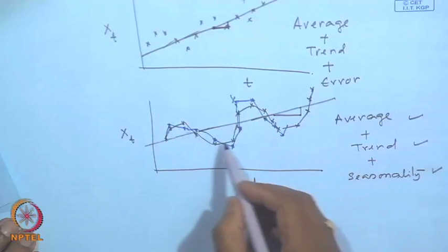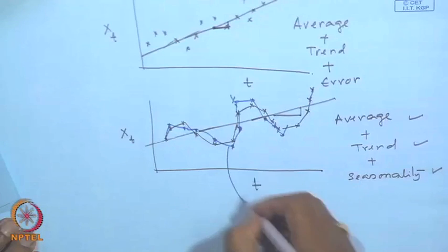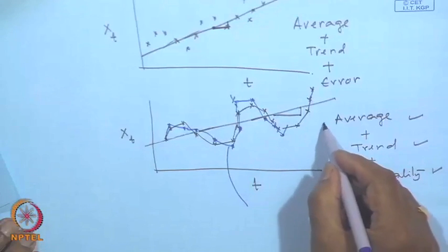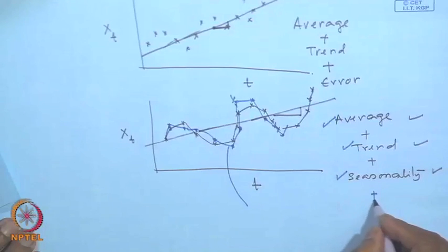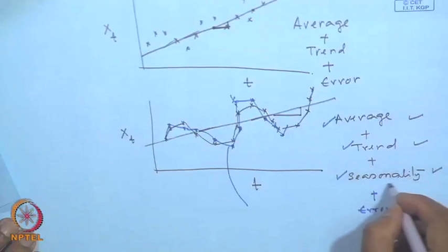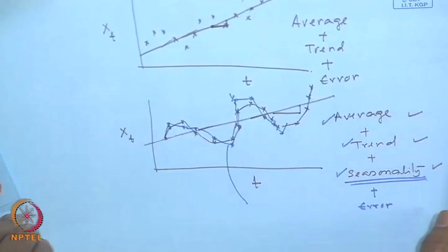Now, this blue color variation says that it has all the components of average, trend, seasonality and also it has an error term. So, this is the fourth component of a time series that we have shown here.